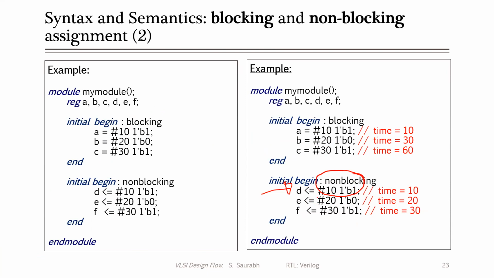In the second statement, when the RHS is evaluated, it says that after 20 time units, I have to assign the value 1'b0. And for F, when the simulator executes this statement, it says that after 30 time units, 1'b1 needs to be assigned to F. Whenever that time is reached in the simulation, D, E, and F will be updated.